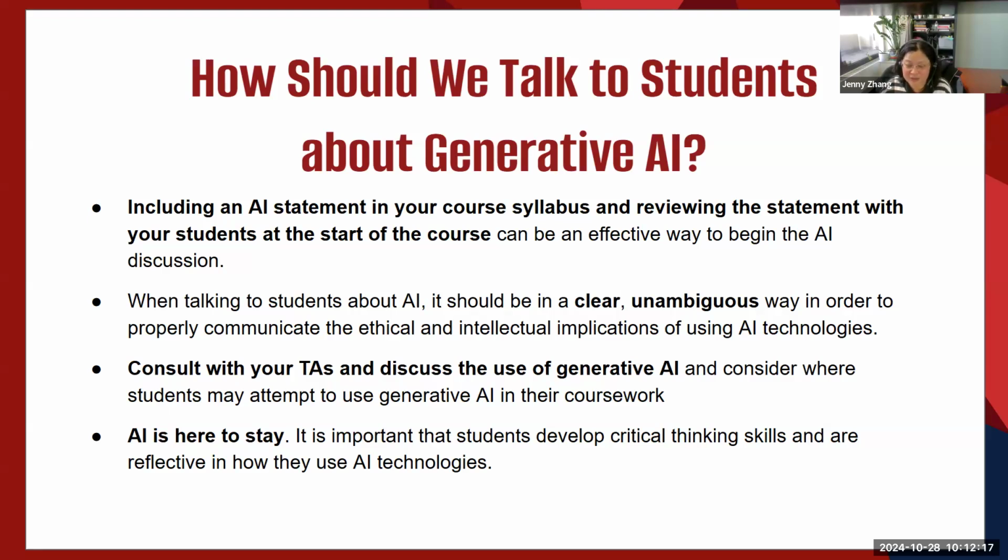This gives them an unnecessary burden when trying to get their hands on the new tools. So it's always advised to have an AI statement. If you don't have one yet, you should start to consider that. Right now it's already the middle of the semester, but you can do this before the next semester begins.